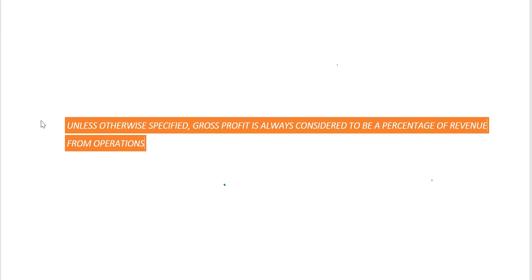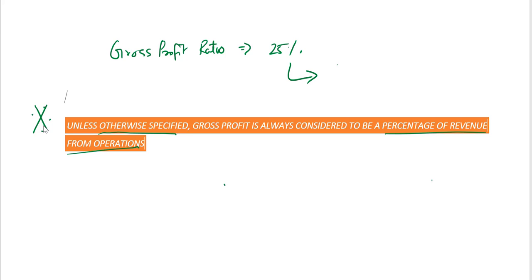Please note this very important point. Unless specified otherwise, gross profit is always considered to be a percentage of revenue from operations. So where it's given that gross profit ratio is, let's say, 25%, this means that the gross profit is 25% of the revenue from operations.